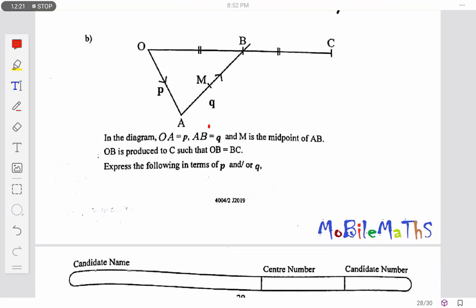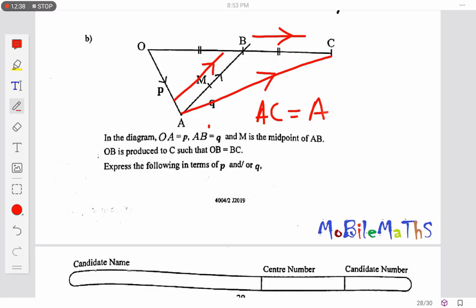We are looking for AC, this distance here, A to C. For me to go to AC, I can go via AB and BC. So it's going to be AB plus BC, of which my BC is the same as OB.